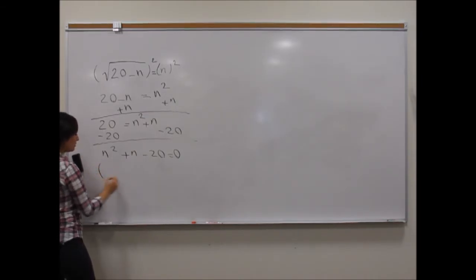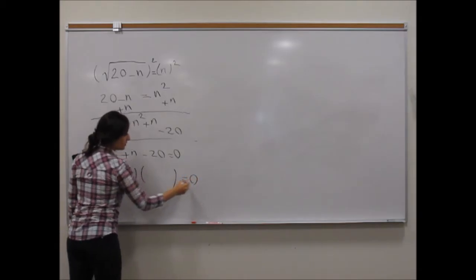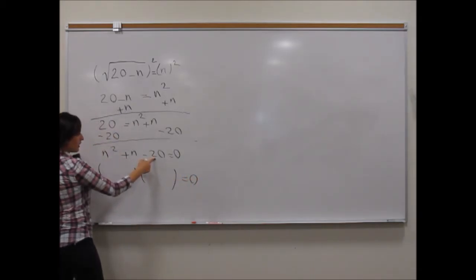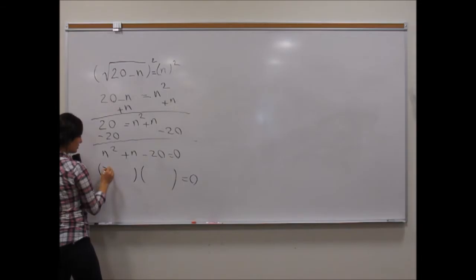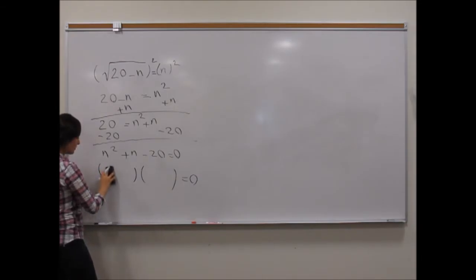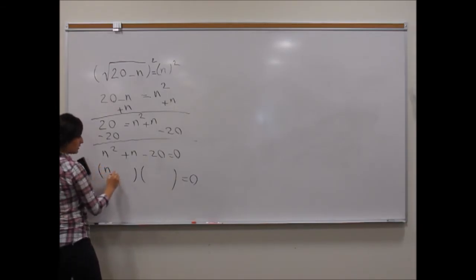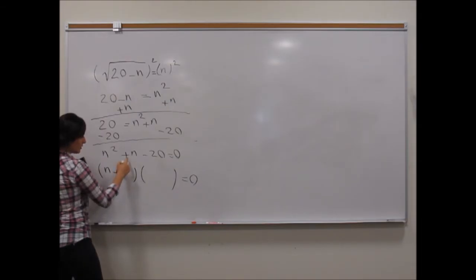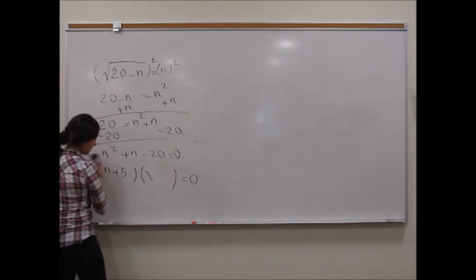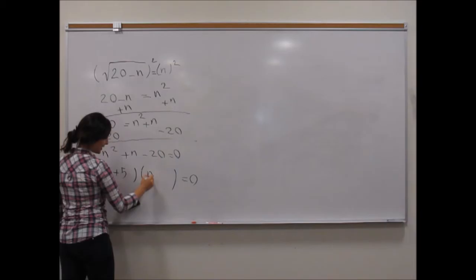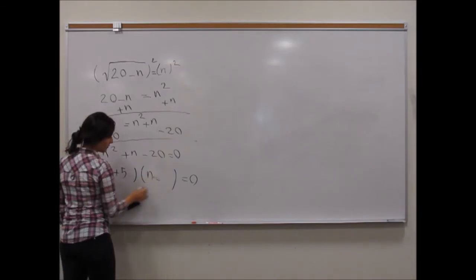Let's factor it out. This is 5 and 4. So (n + 5), because here is a positive, and (n − 4).